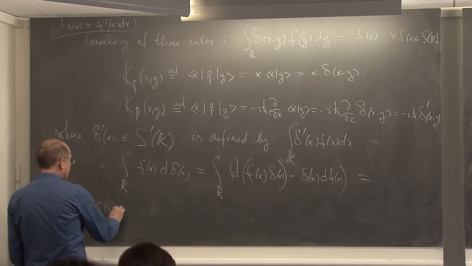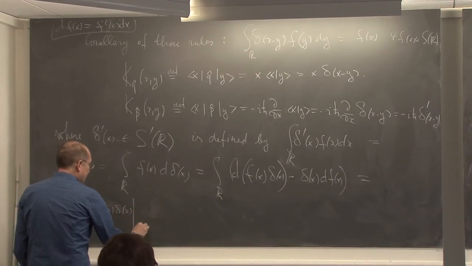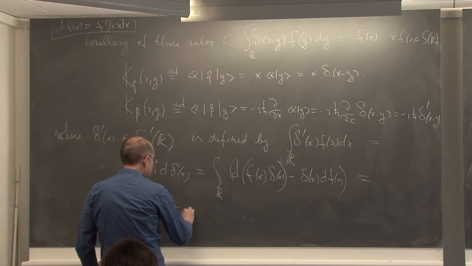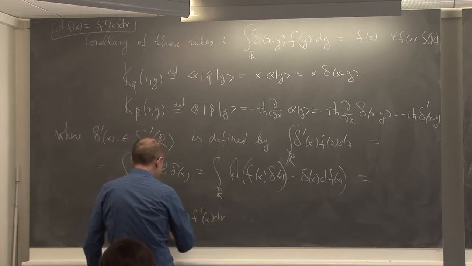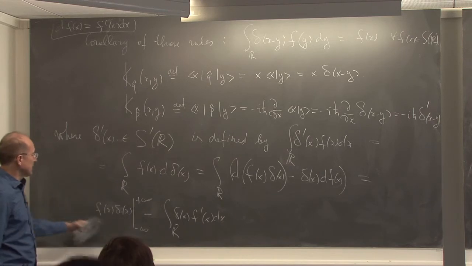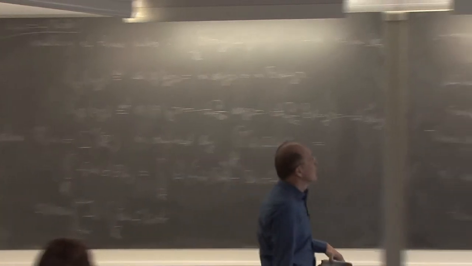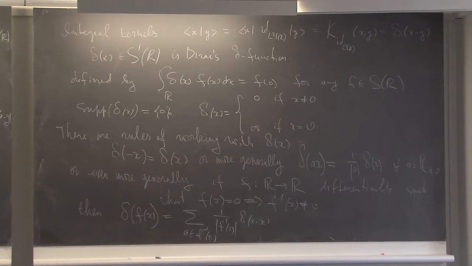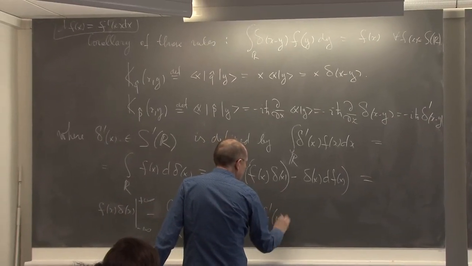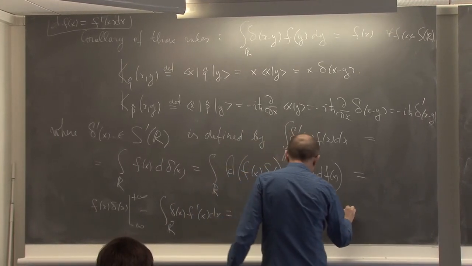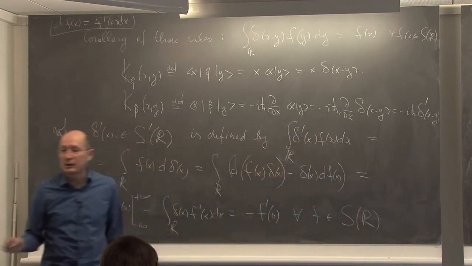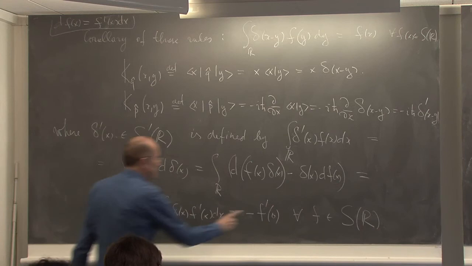So f of x delta of x from minus infinity to plus infinity, minus the integral of delta of x f prime of x dx. This is 0 because delta of x vanishes outside the origin, no contribution. And here we have a delta function without any prime, which gives minus f prime of 0, for any f in S, the space of test functions, which are infinitely differentiable. So this makes perfect sense.